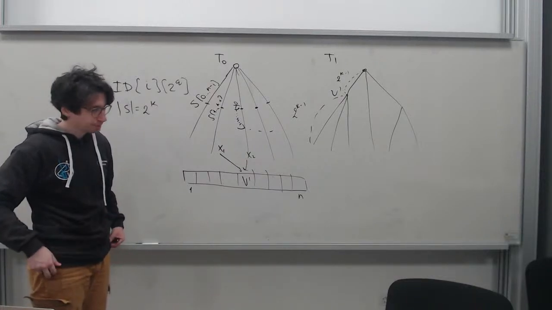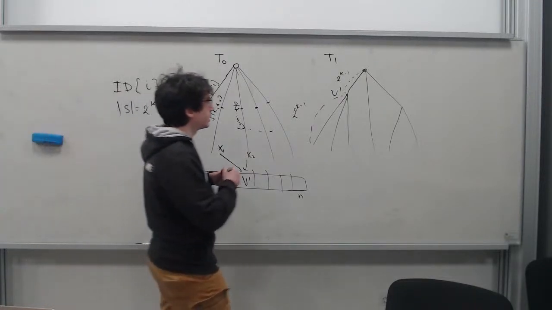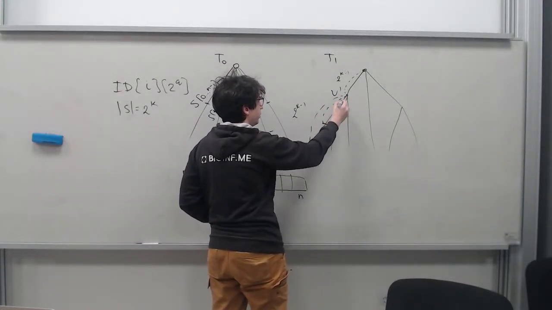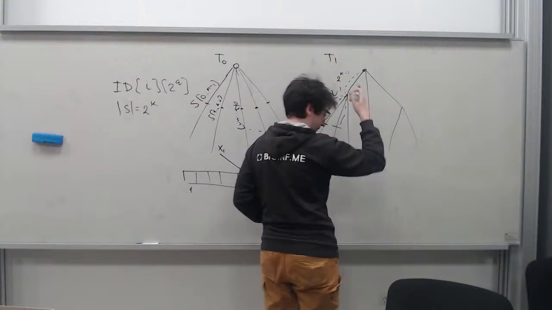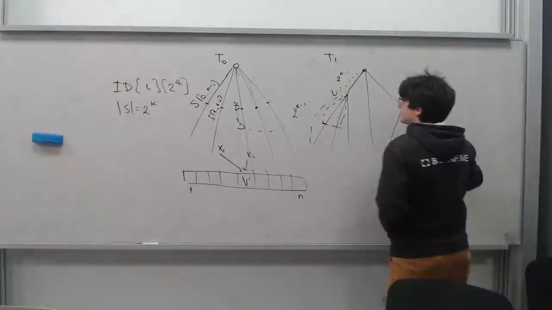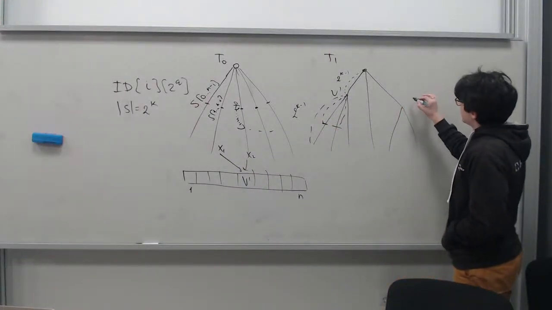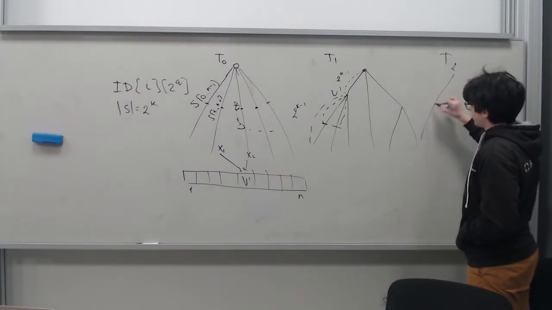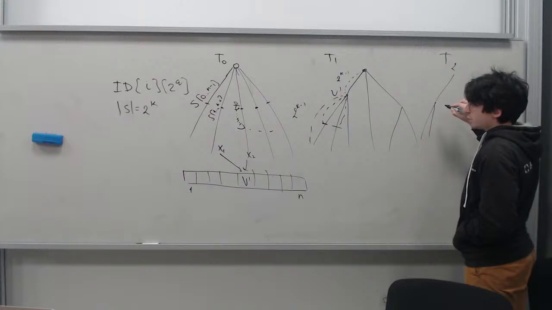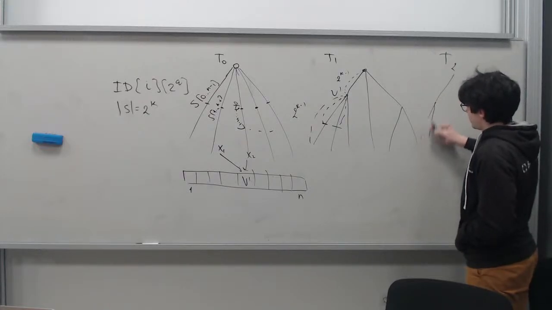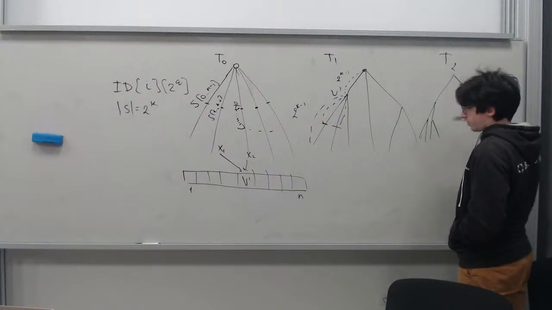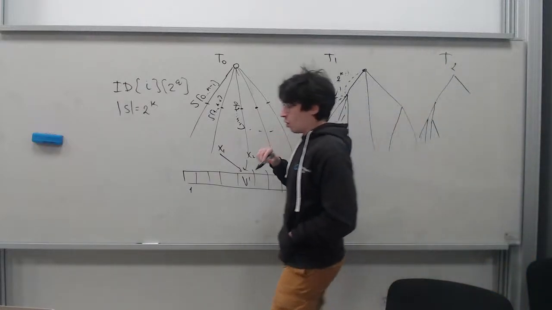For each node, for example, after that, under T2 we will take the halves here, and we will get T2 like this one, something like that, and so on.